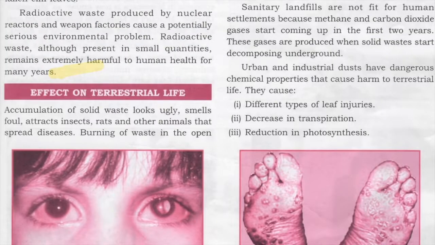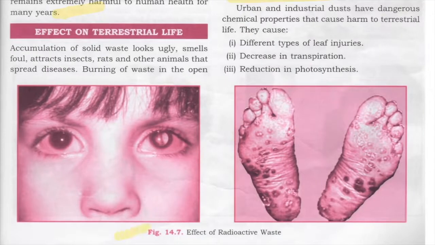Sanitary landfills are not fit for human settlement because methane and carbon dioxide gases start coming up in the first 2 years. These are the gases that are produced when solid waste starts decomposing underground. The figure represents a person affected with radioactive waste.